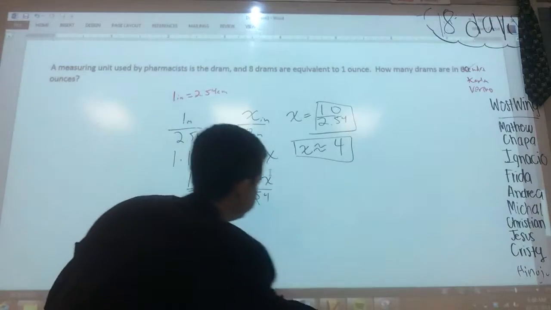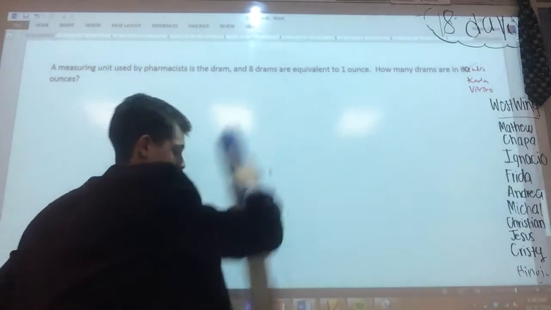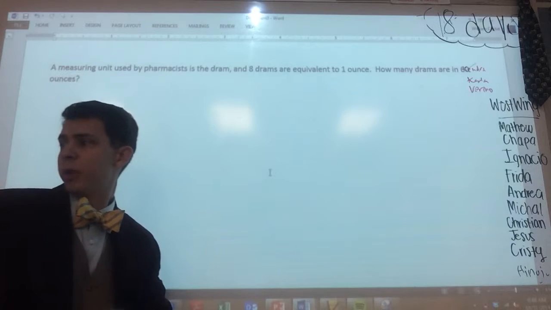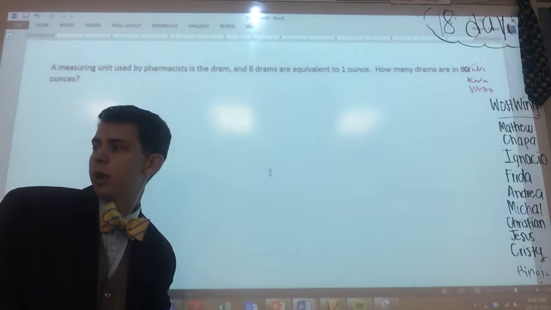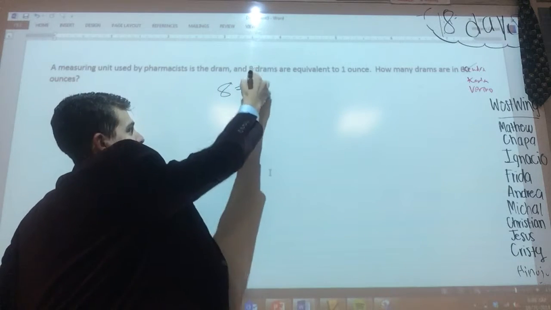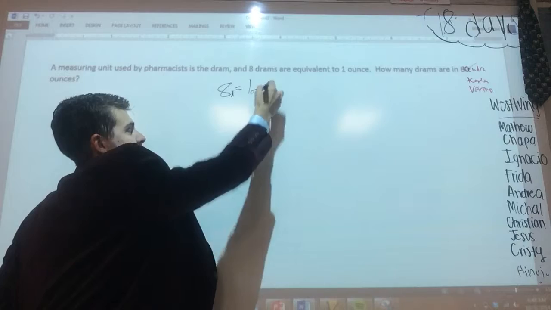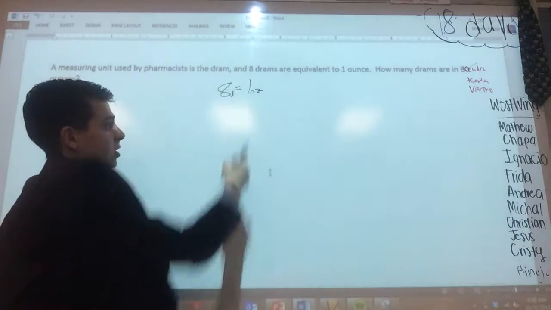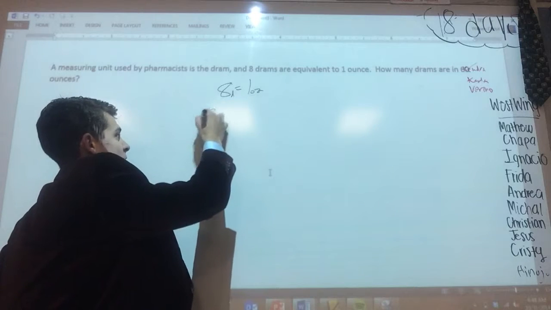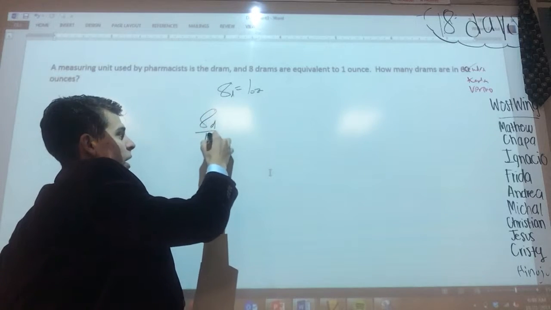Next problem. A measuring unit used by pharmacists is the dram. 8 drams are equal to 1 ounce. This is a comparison. How many drams are in 60 ounces? So we have 8 drams is equal to 1 ounce.